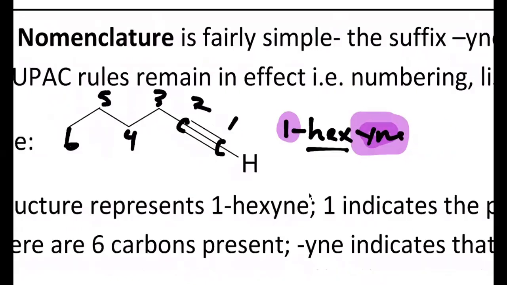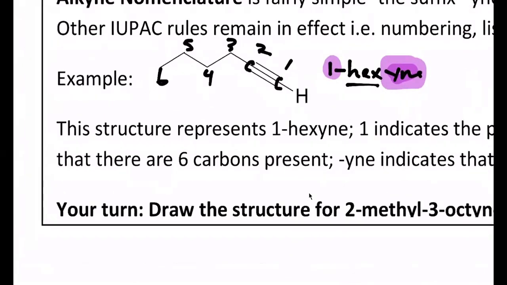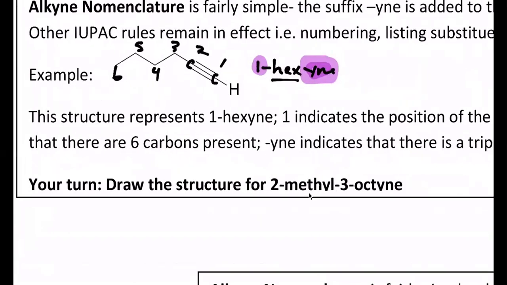All right, and it asks you down here to draw 2-methyl-3-octyne. What do you think? How many carbons are in the longest chain in there? 8. Good. So I'm going to say 8, and the alkyne is going to be at carbon 3.